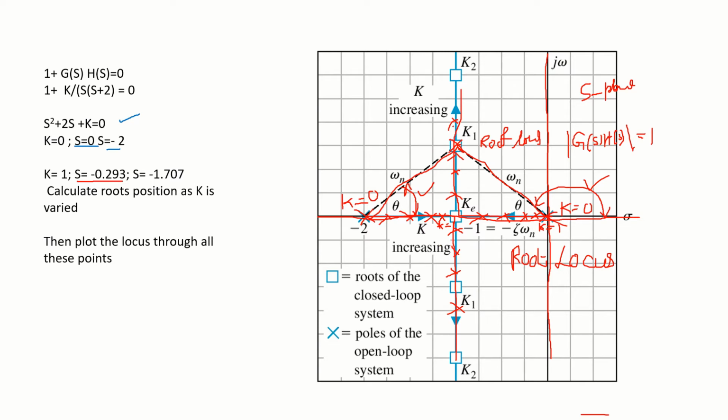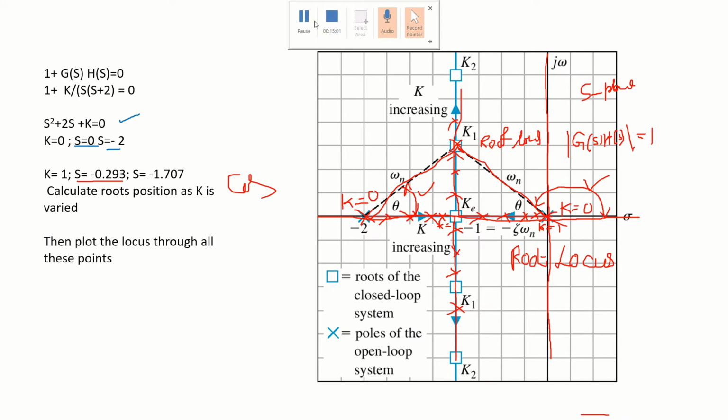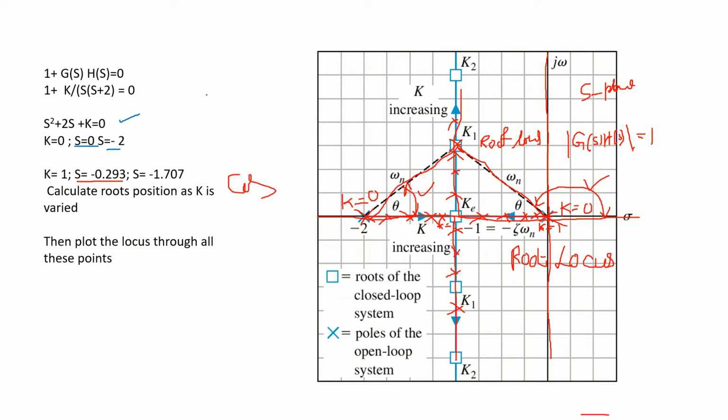So once you have this plot, then what is that we can do? Sorry for the disturbance. Now cos theta is equal to zeta. So if zeta is known, we can find theta.